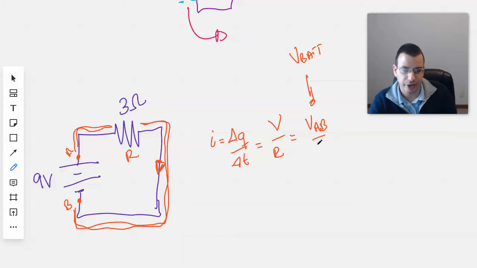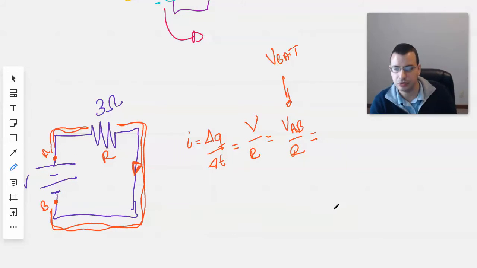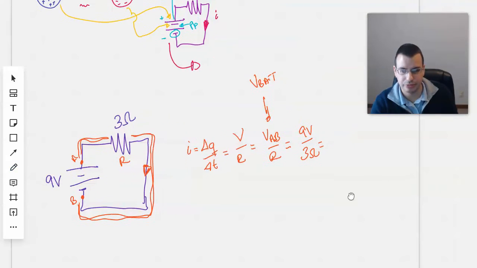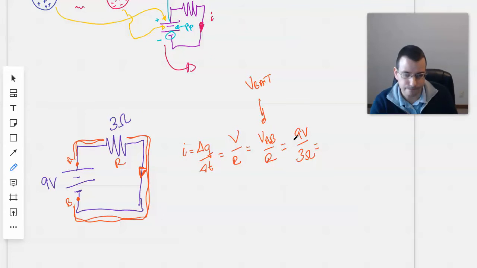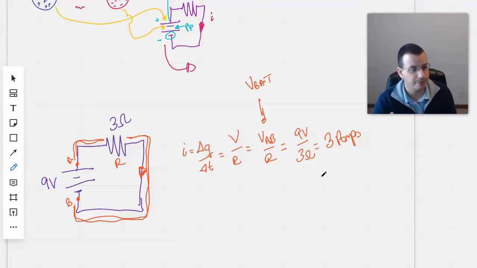So we want to find the current, which is V divided by R, and what we get is 9 volts divided by 3 ohms equals 3 amps. And then we can find the power dissipated as heat due to I squared R losses.